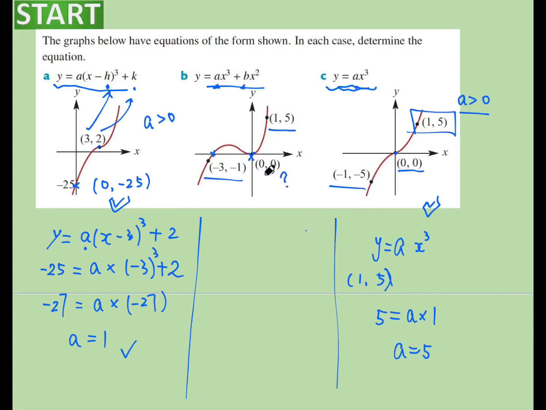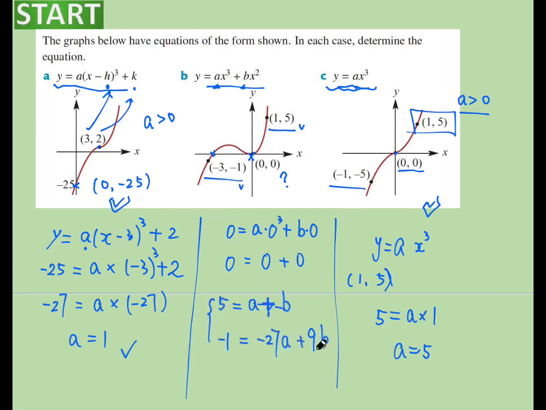No, because if you substitute y by 0 and x by 0 as well, then we will not have useful information about A and B. We will need the point (1, 5) and the point (-3, -1) to get the equations, and using these two equations to get the values of A and B.